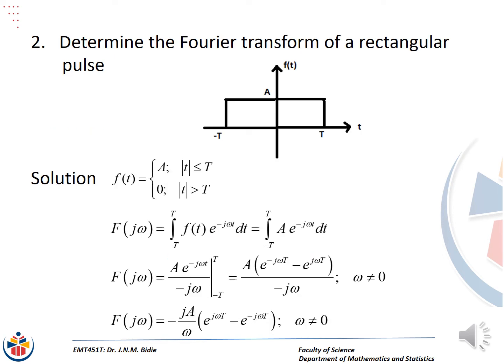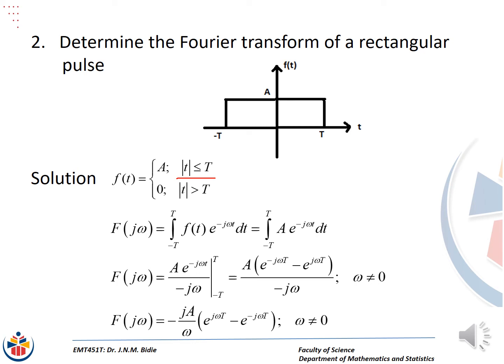Going to number 2, determining the Fourier transform of a rectangular pulse as given in the diagram. Note that the function value is a and t is between negative T and positive T, and it is included, so we have the absolute value of t less than or equal to capital letter T, and it's 0 everywhere else.